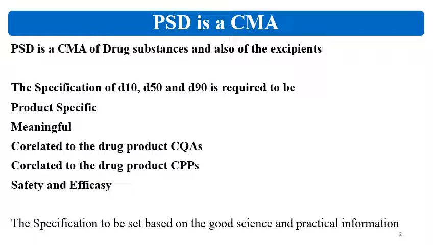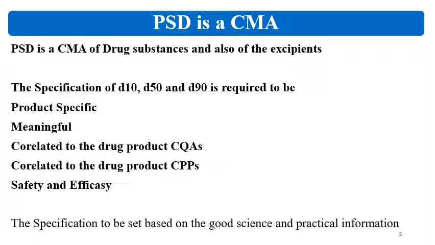It should be meaningful. That means you set the specification which is actually required and which is required to be maintained. Just setting the specification for the sake of it is not good, and it will have impact on product CQAs. So always try to set the specification which is meaningful.